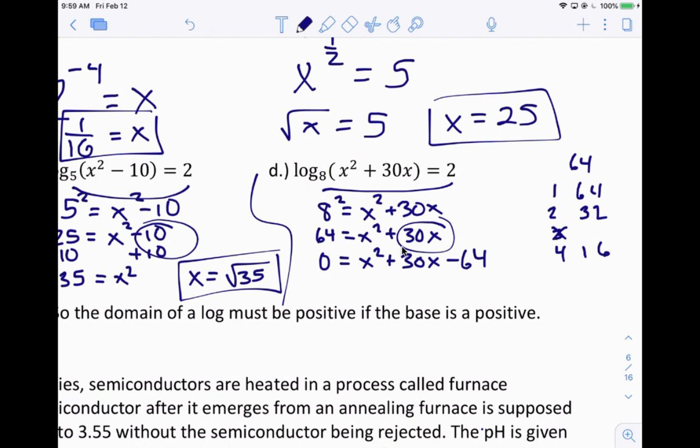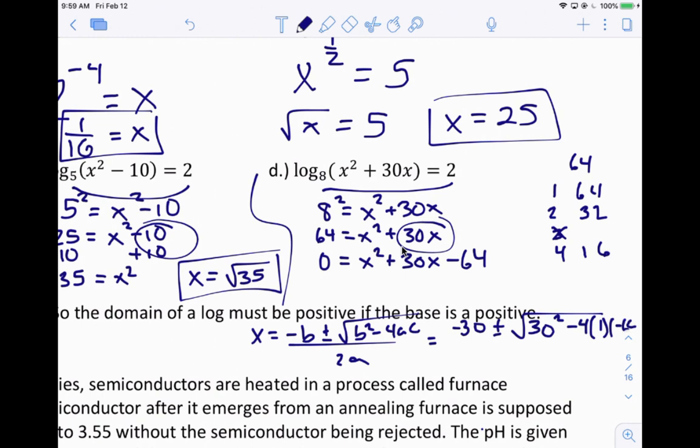What do we do? If it doesn't factor, oh, quadratic formula. Okay, so x is equal to minus b plus or minus the square root of b squared minus 4ac, all over 2a. If I plug that in real fast, we get negative 30 plus or minus the square root of 30 squared minus 4 times, oh sorry, I totally lost my train of thought.